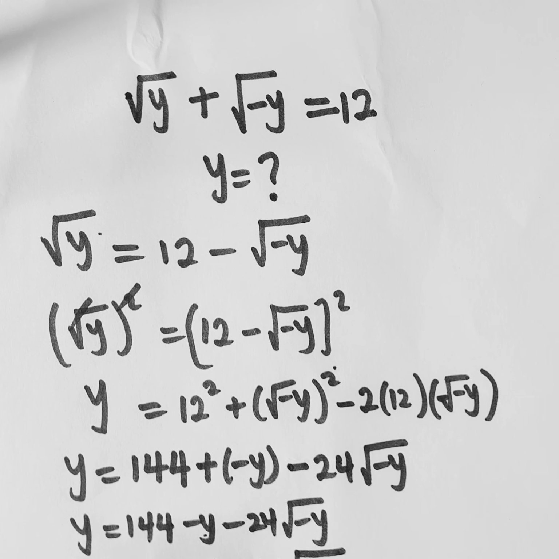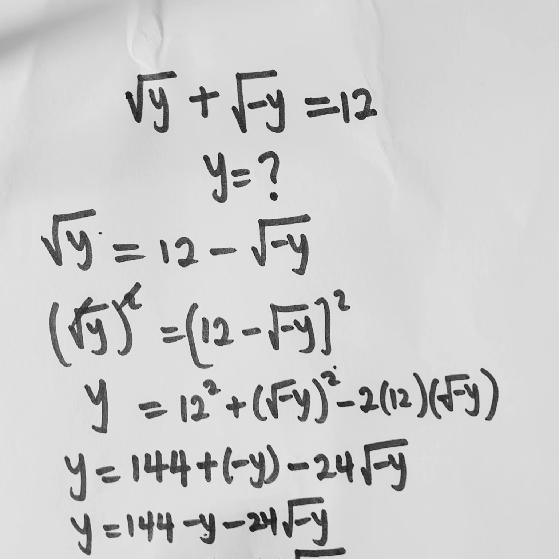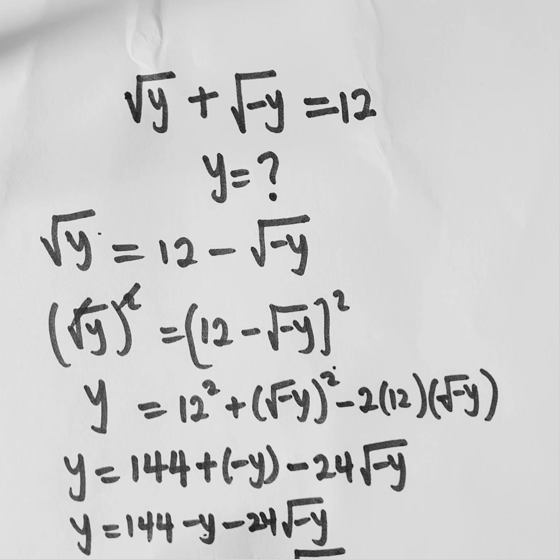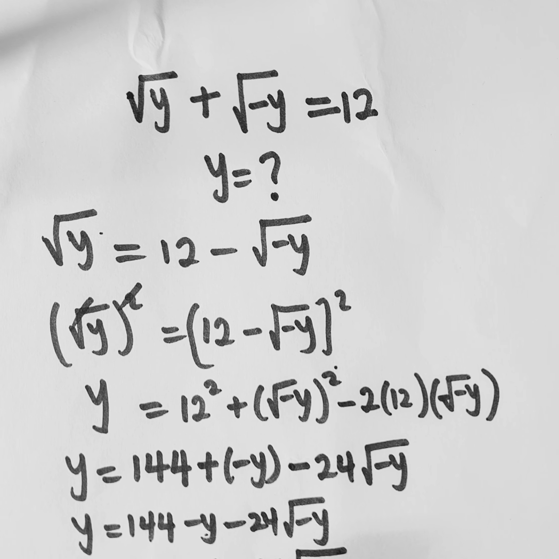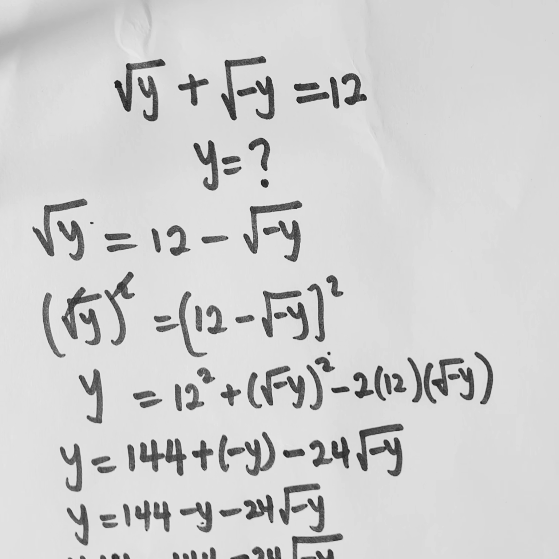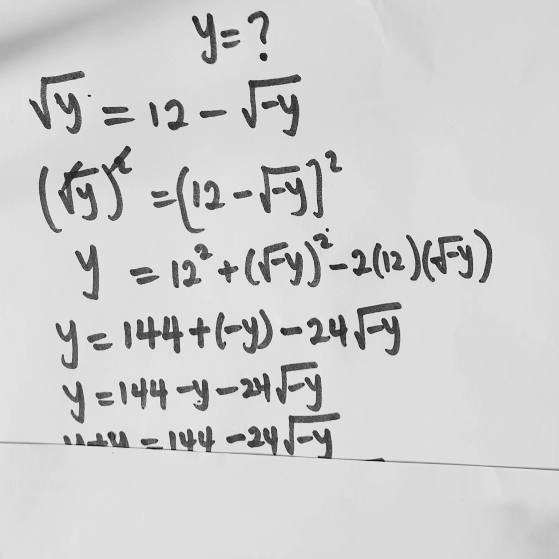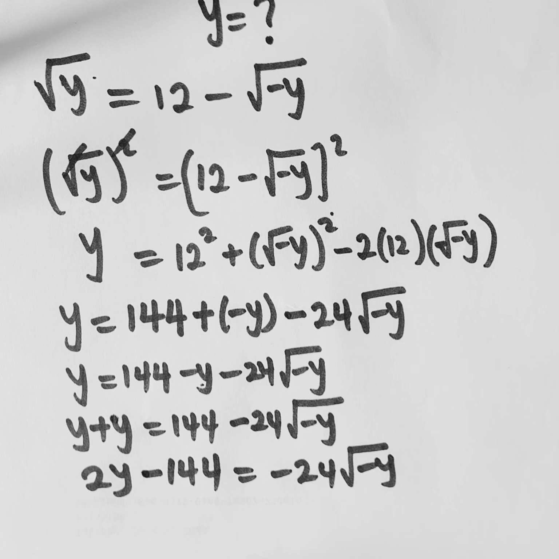Here we have y plus y is going to be 2y, which you can write in this form, like saying 2y minus 144 equals negative 24 times the square root of negative y. From here, this is what I got.